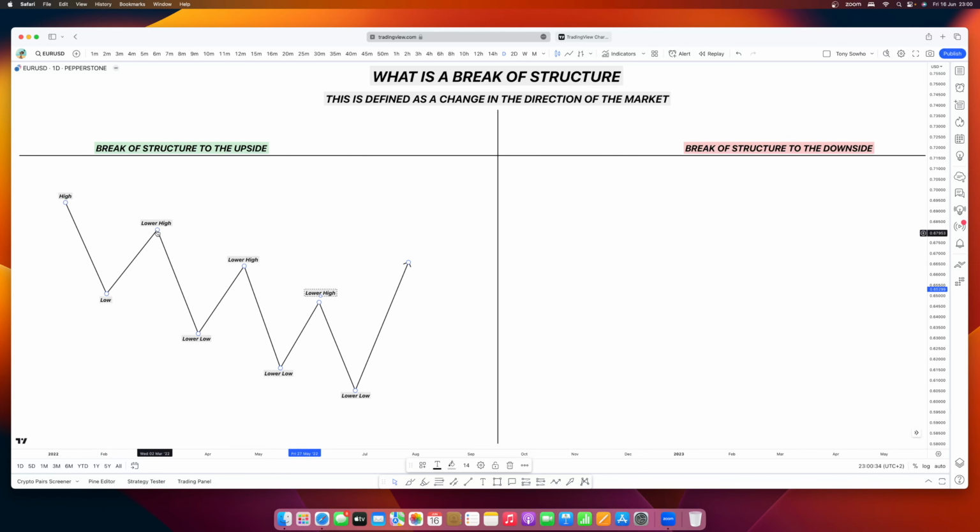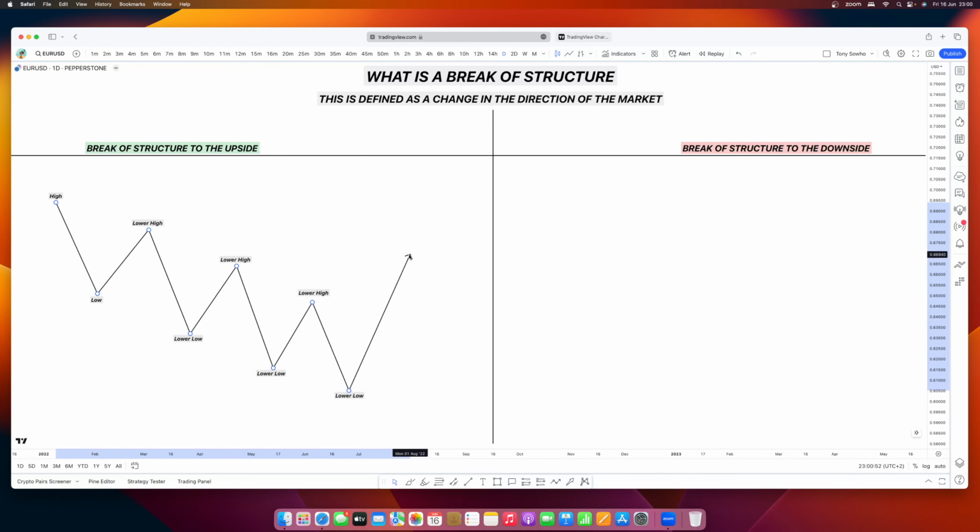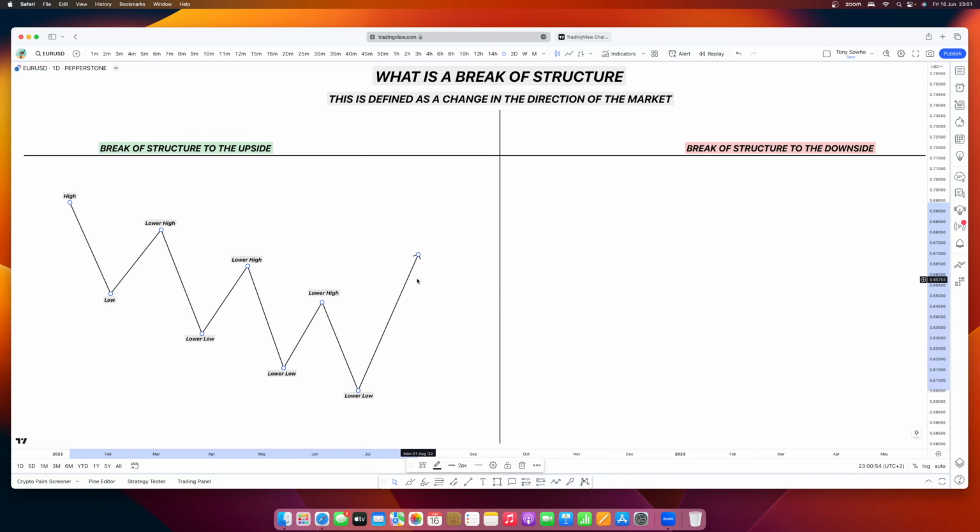Lower low, lower high, lower low, lower high, lower low, lower high, lower low. What should happen normally? Price should continue to give us the low, respect the previous high. It should find some kind of resistance here and then it should drop. But instead, price did not do that. Instead, price decided to buy up and give us a close above the previous high.